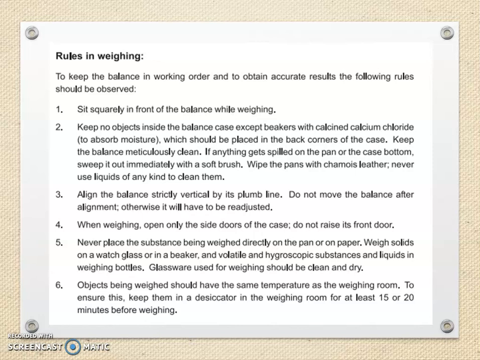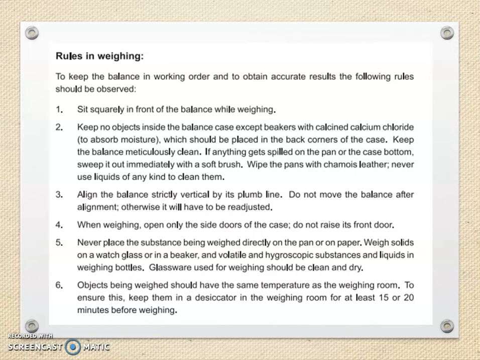Keep the balance meticulously clean. If anything gets spilled on the pan or the case bottom, sweep it out immediately with a soft brush. Wipe the pan with chamois leather. Never use liquid of any kind to clean them.